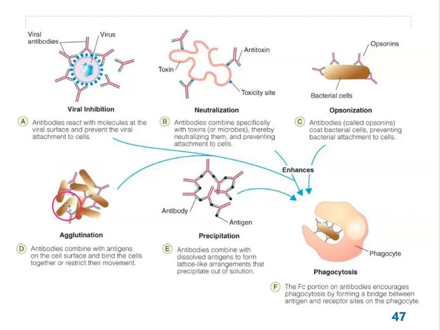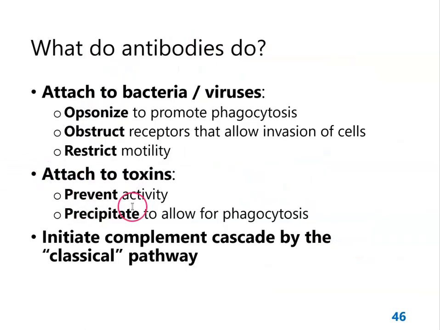If you get this, the individual cells can't swim through a tissue because they're stuck to other cells. And then this viral inhibition is where they coat the outside of a virus particle and don't let it get into cells. But then also, antibodies protect us from toxins like the tetanus toxin or the diphtheria toxin.